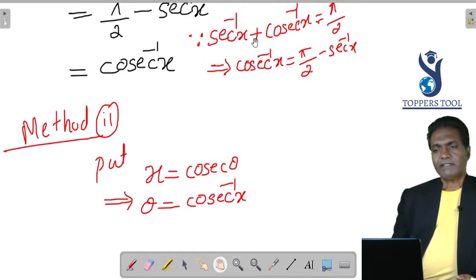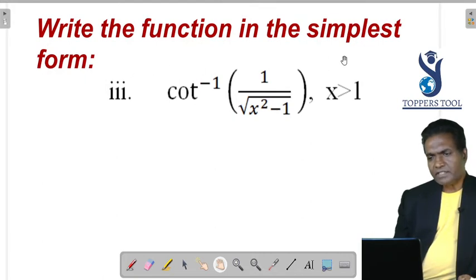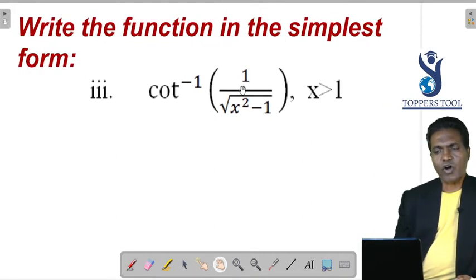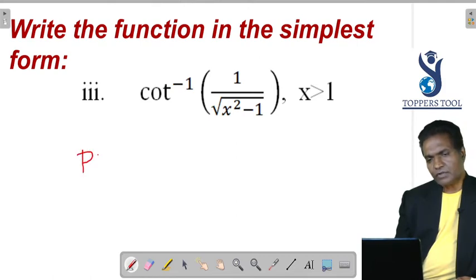So let's have another example. Write the function in the simplest form: cot inverse of 1 by square root of x square minus 1. In the same way, here you have square root of x square minus 1, so put x is equals to again sec theta.